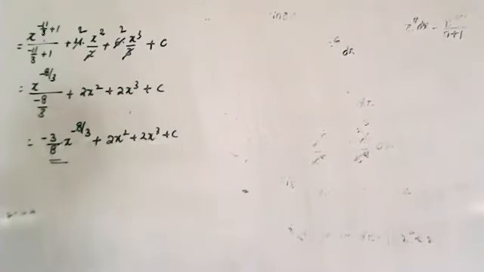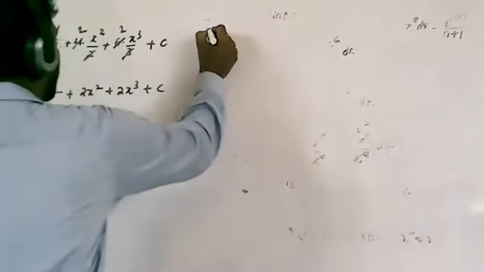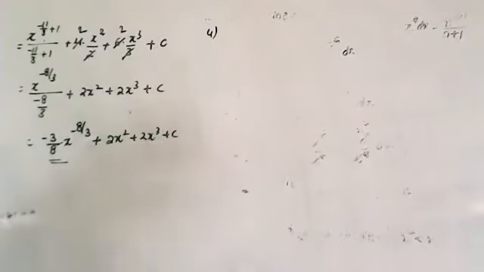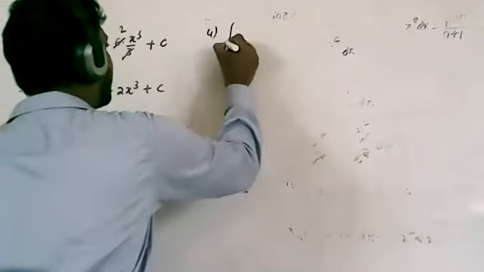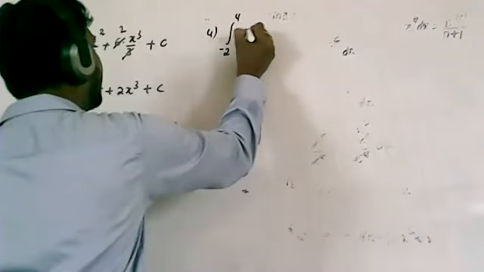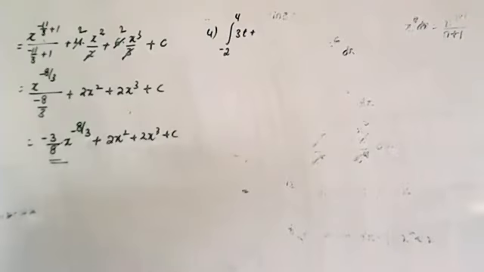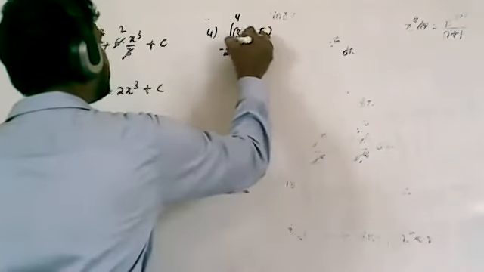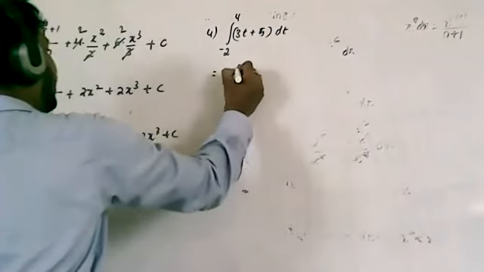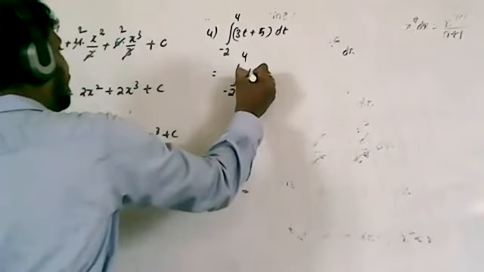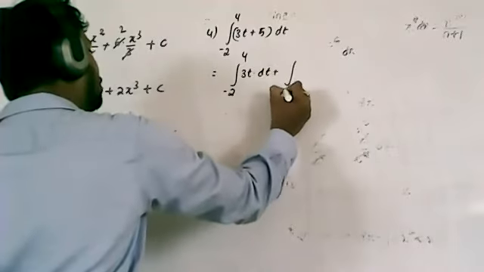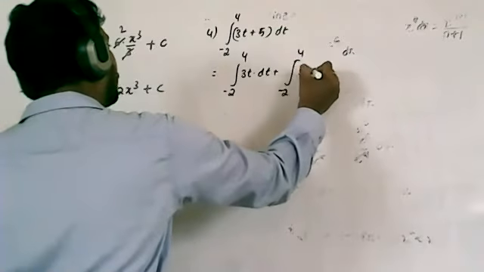Now I'll go for the next question. Question number 4 is integration from minus 2 to 4 of 3t plus 5 dt. Now expand: integration from minus 2 to 4 of 3t dt plus integration from minus 2 to 4 of 5 dt.